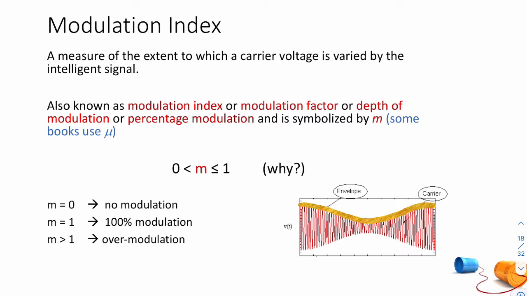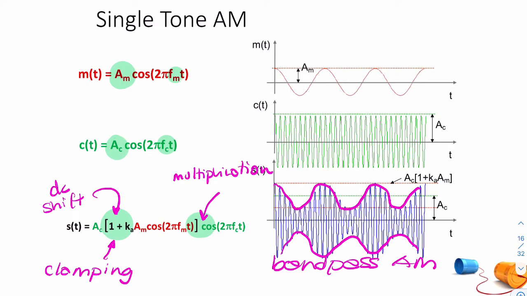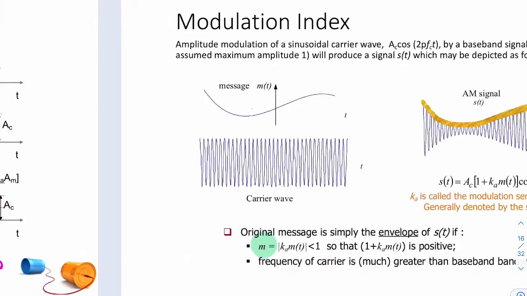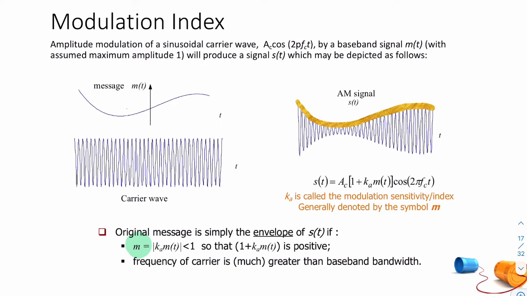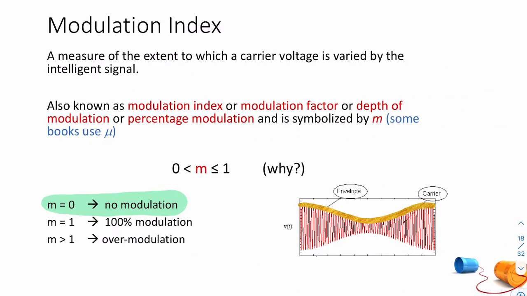So if the modulation index is 0, then there is no modulation. And if I remind you of what that means, it means that here you would have 0. Your message will be multiplied by 0. So you'd only have the carrier. So that would be carrier only.